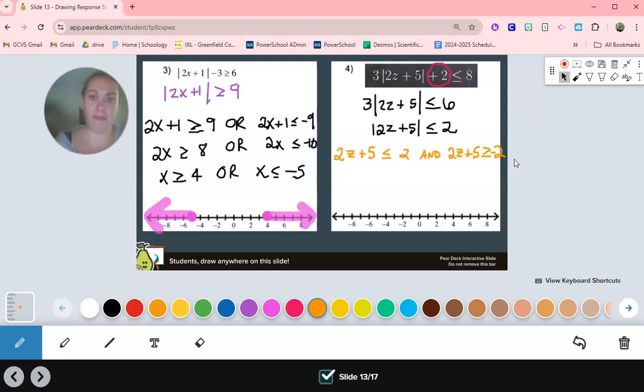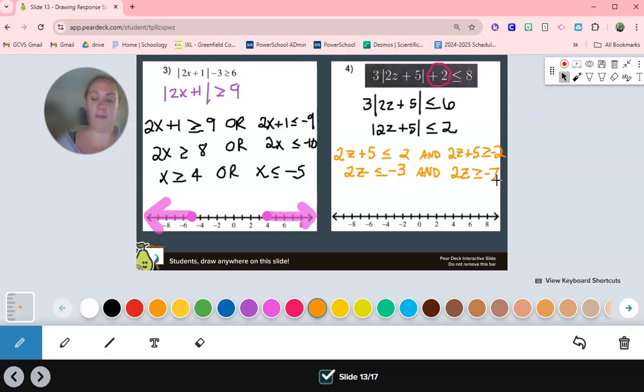When we subtract 5 on both sides, we get 2z is less than or equal to 2 minus 5, which is a negative 3. And 2z is greater than or equal to negative 2 minus 5, which is a negative 7.